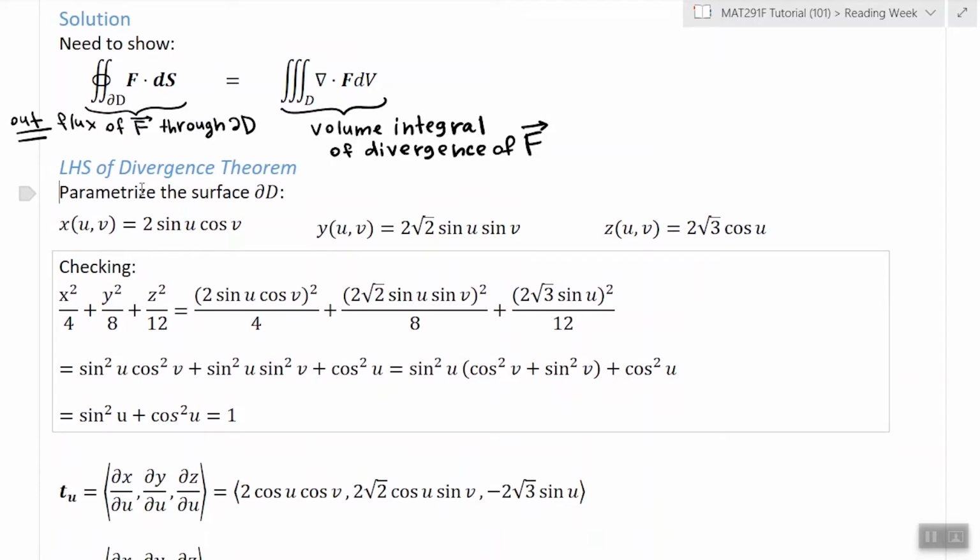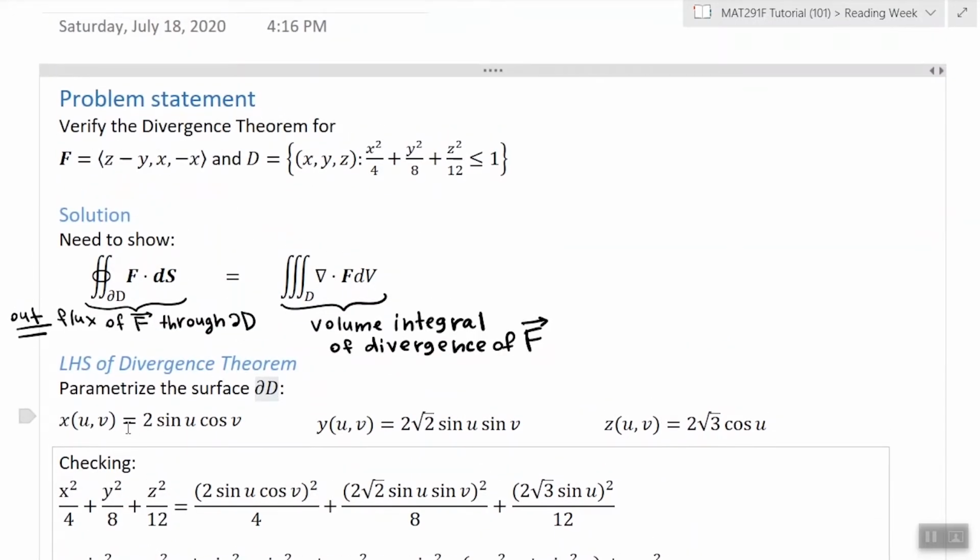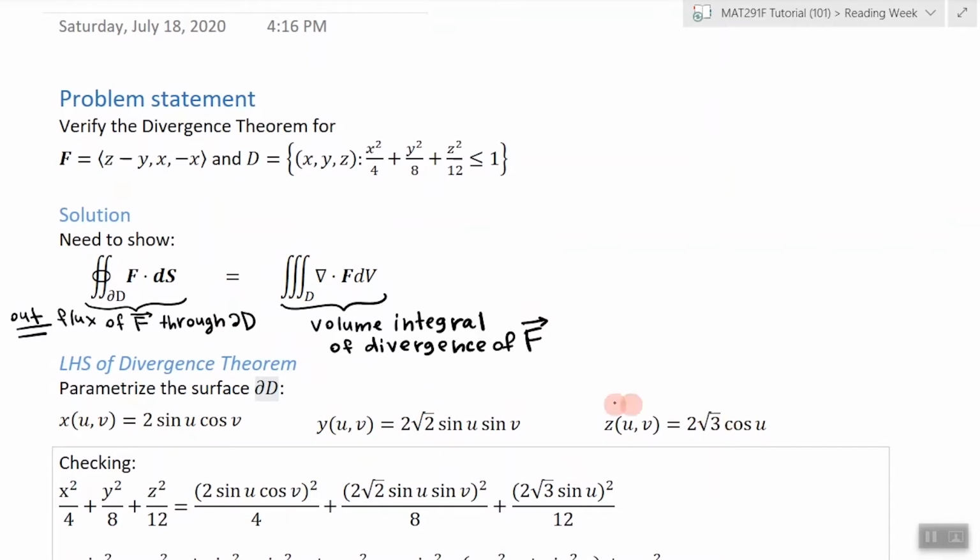For this, we parameterize the surface of the region D. The parameterization is shown here. You will notice that this looks very similar to the parameterization for a sphere. The differences are these factors.